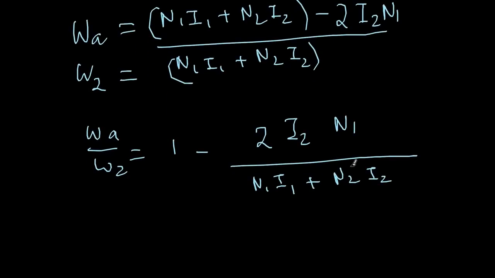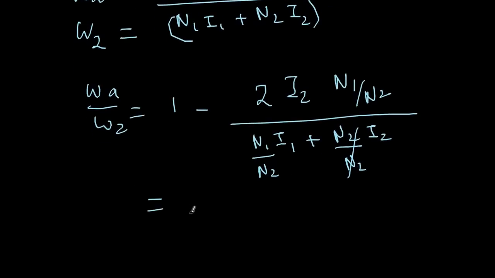Now if I divide this by N2, this will be 1, and what is N1 by N2? That will be nothing but 1 by K. This is also 1 by K. Now N1 I1 by N2 is nothing but I2.